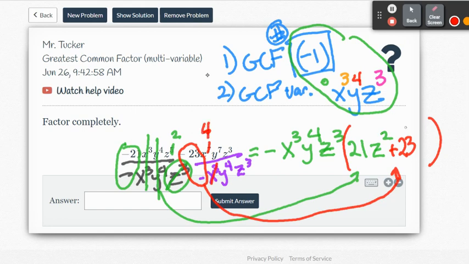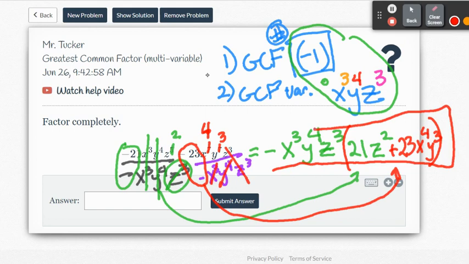And so that's going to be x to the 4. And then the y to the 4th on the bottom takes 4 from that 7 up top to be left with y to the 3rd. And the z's reduce out. So this is the result of factoring my greatest common factor of negative x to the 3rd, y to the 4th, z to the 3rd, 3 variables, and a negative.